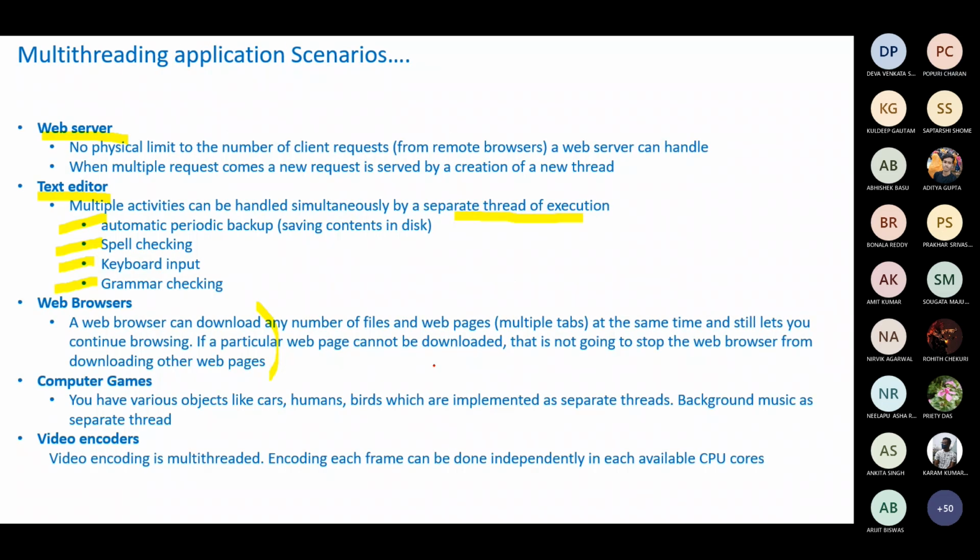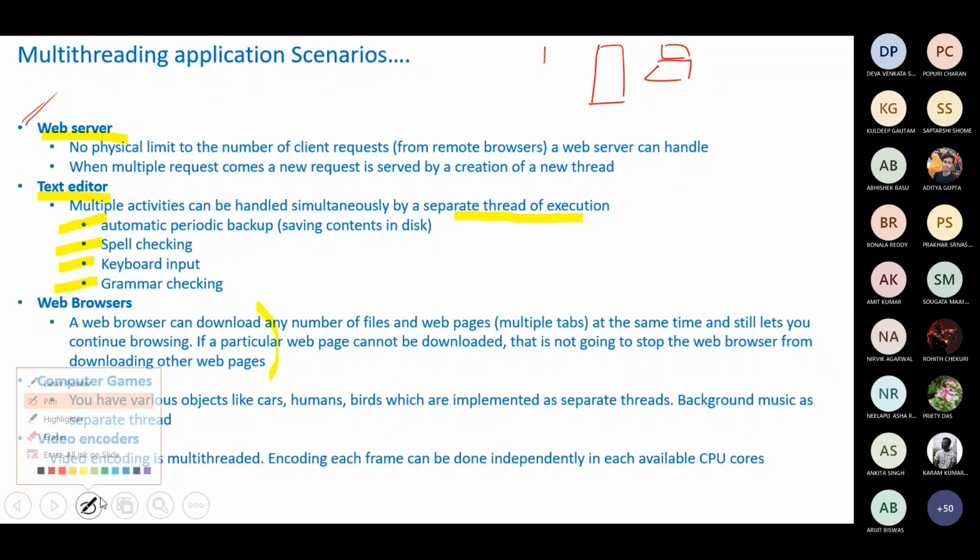Now there are some simple examples of multi-threaded applications, and these are more or less easy to understand. It's like a web server. If I consider a web server machine, in this machine you have HTML pages, or web pages.